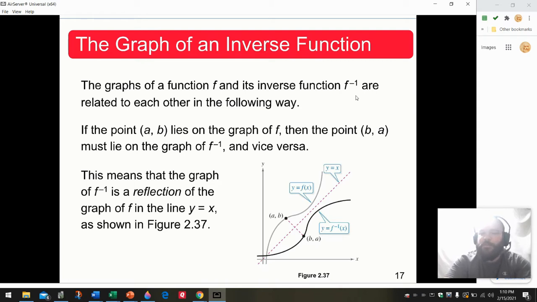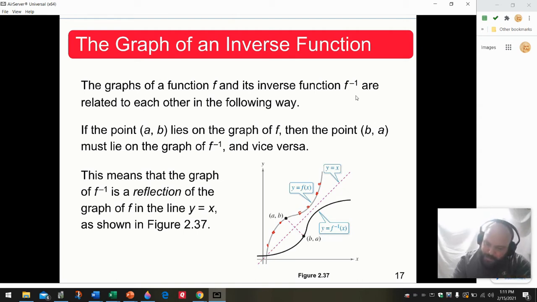One other piece of this graph that I want to bring your attention to is this ordered pair. If you look at this function, there is an ordered pair a comma b. An inverse function will have the inverse ordered pair, b comma a. Essentially, every single ordered pair on this line, the x and the y end up flipping.